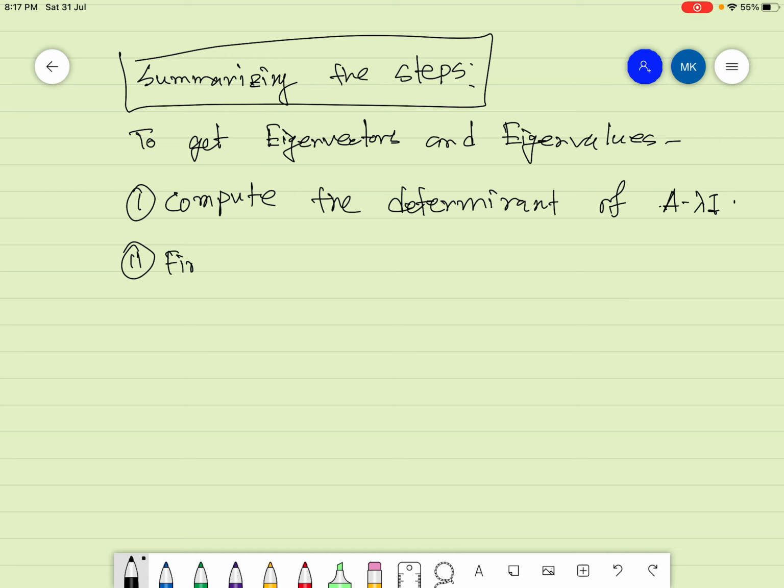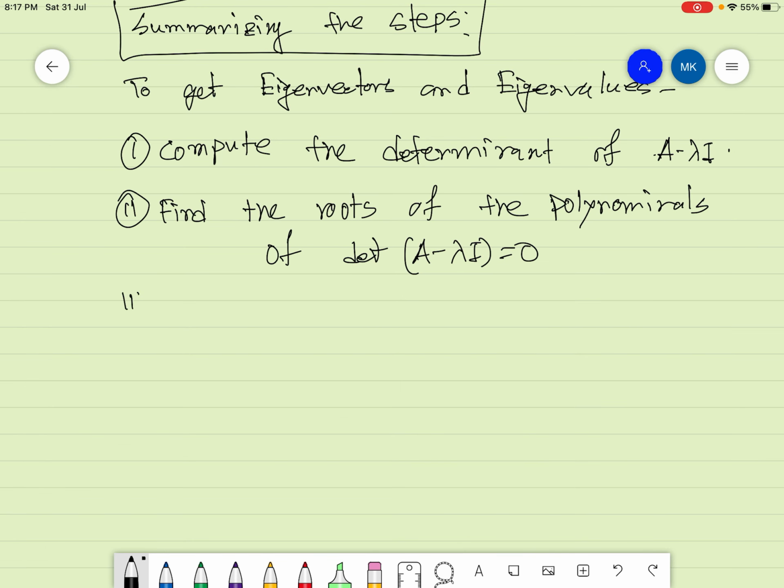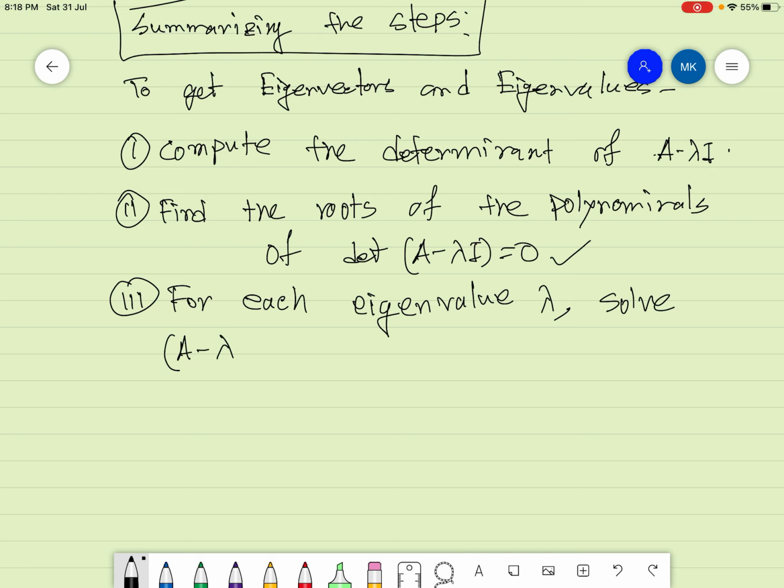So you need to find the roots of the polynomial from determinant of A minus lambda I equals 0, and that gives you the eigenvalues. Then for each eigenvalue lambda you need to solve A minus lambda I times x equals 0 to find the eigenvectors.